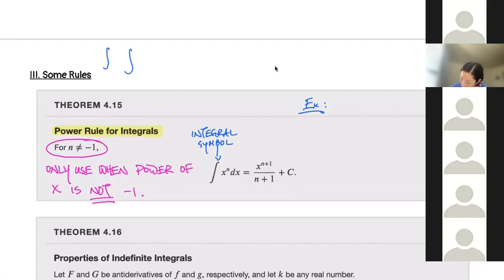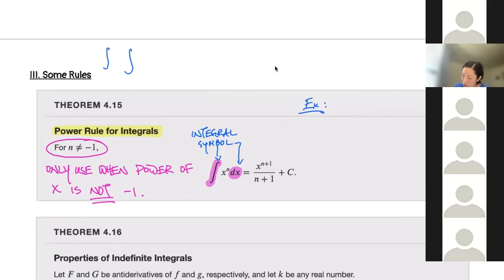What else is important about this? This dx at the end goes hand in hand with that integral symbol. And so if you have the integral symbol, you also need to have a dx. All right, and we'll talk a little bit about why we have that dx on Wednesday, okay? Yeah, you could think about it that way, okay?